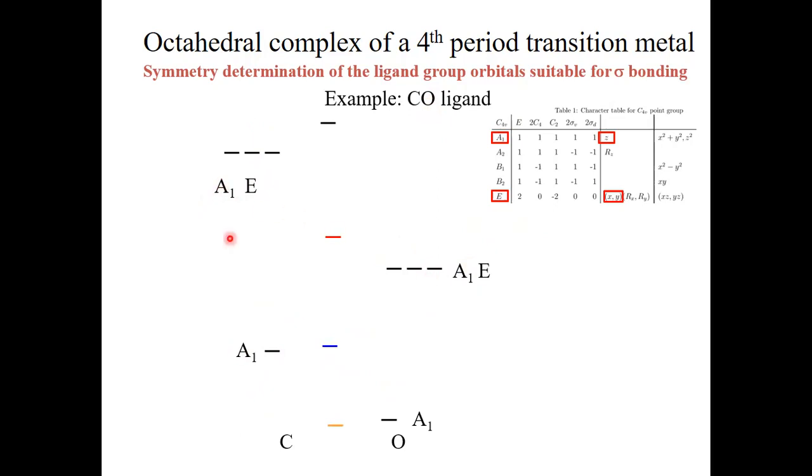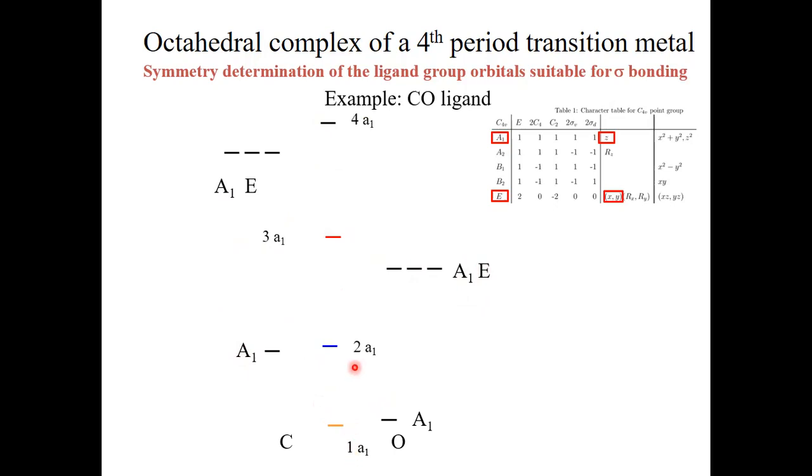You see that you have 2 A1 orbitals on this side and 2 A1 orbitals on the other side. So that gives you overall 4 molecular orbitals. One you can assume to be bonding, one antibonding, one weakly bonding, and one weakly antibonding. And you can connect them accordingly.